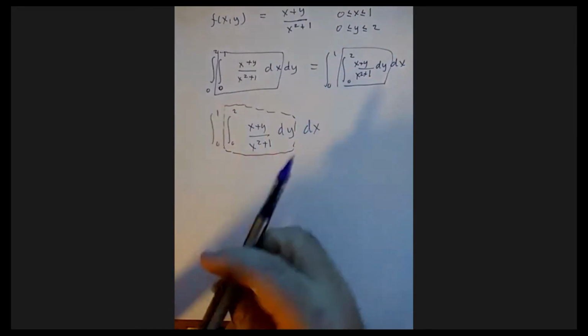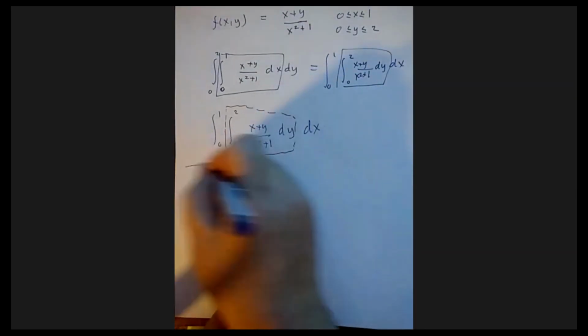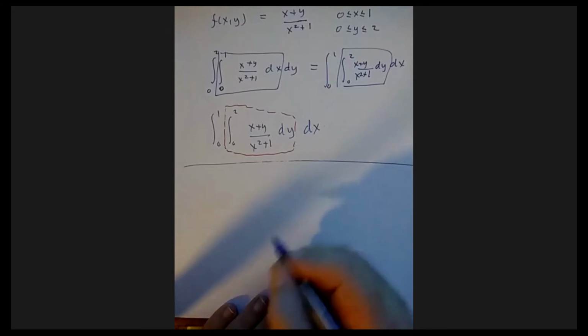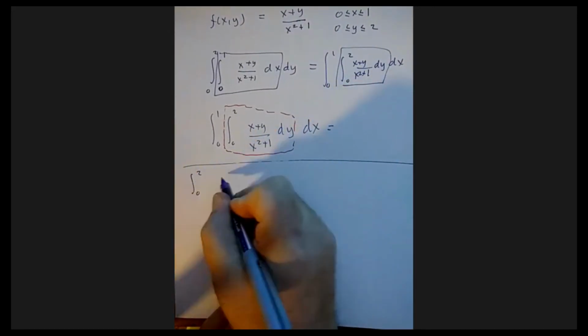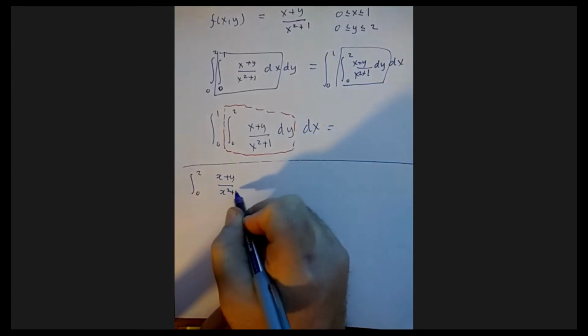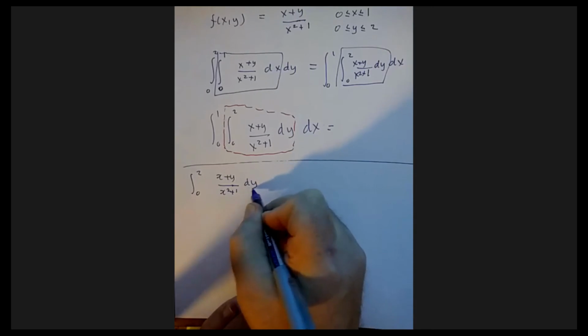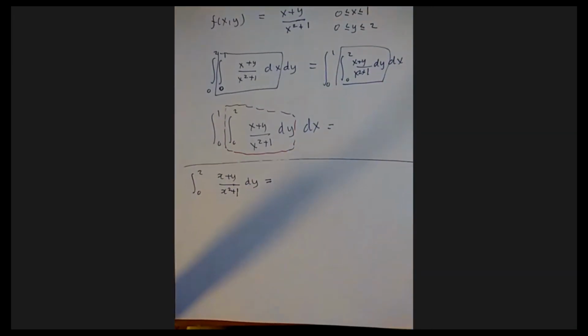And that way I don't have to keep writing all this stuff at the ends over and over again. So, a little wall to separate it. I need to find the integral from 0 to 2 of (x + y) over (x squared + 1) dy.